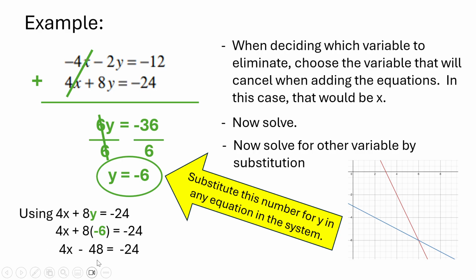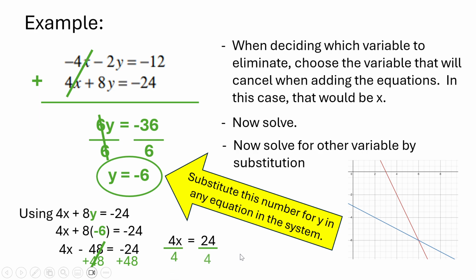Okay, add 48 to both sides. Okay, and these will cancel. I'm running out of room, so I'm going to go ahead and work this out over here in this empty space. So 4x equals negative 24 plus 48 is 24. And now divide both sides by 4.